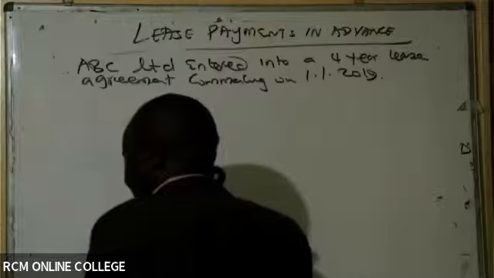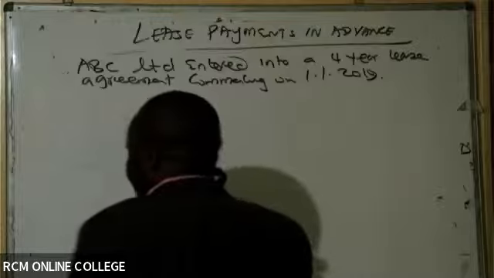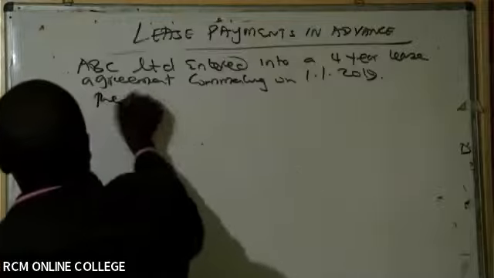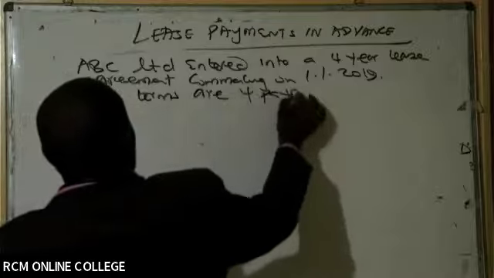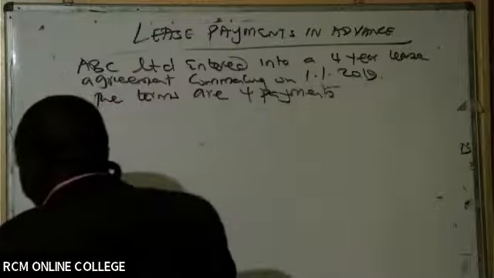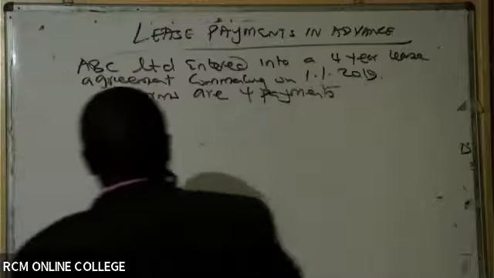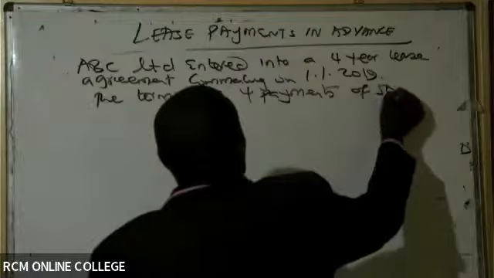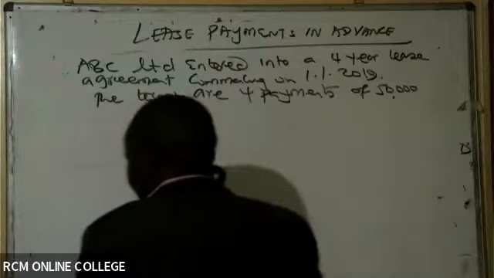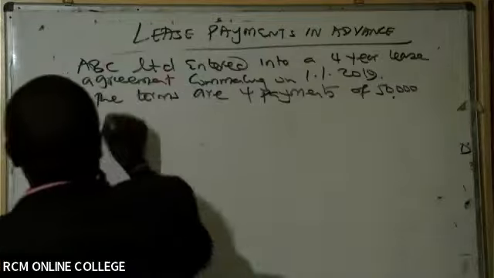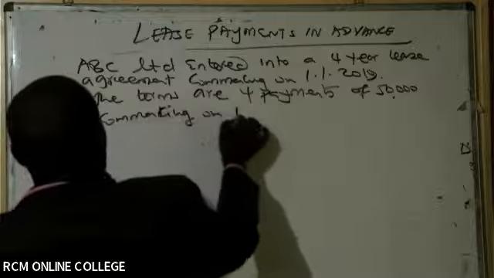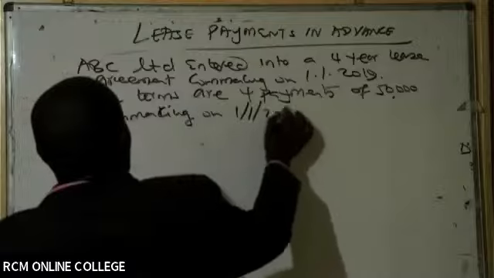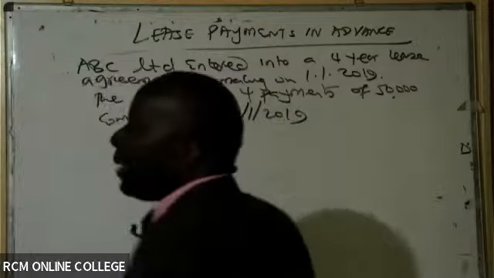The terms are 4 payments of 50,000 commencing on 1st January 2019.